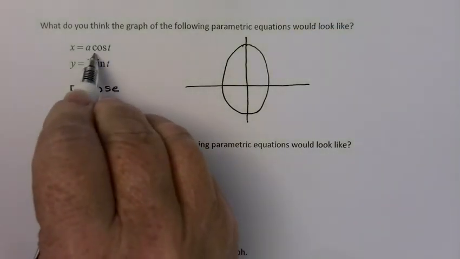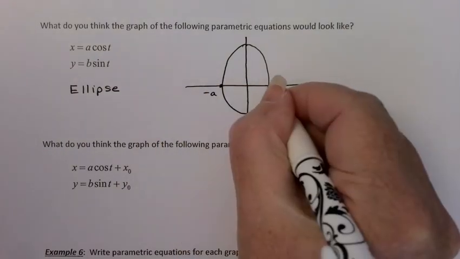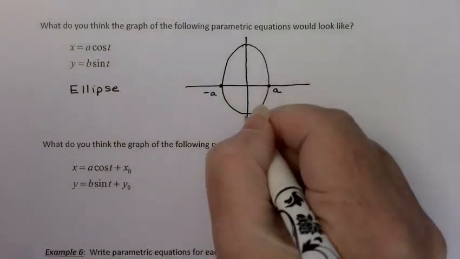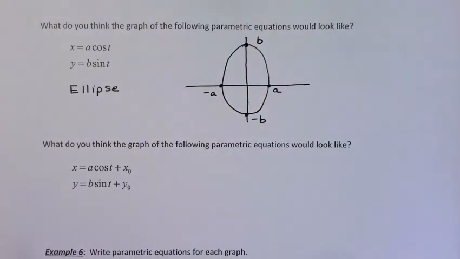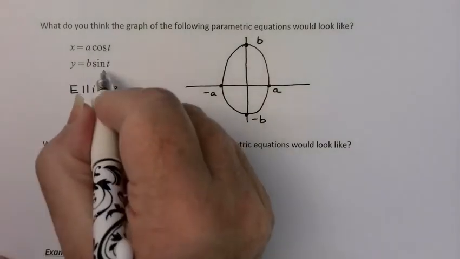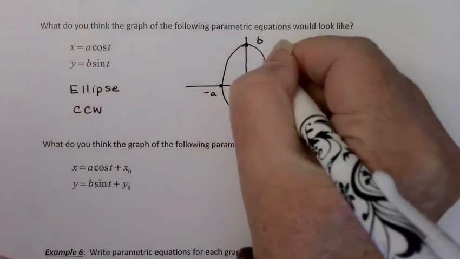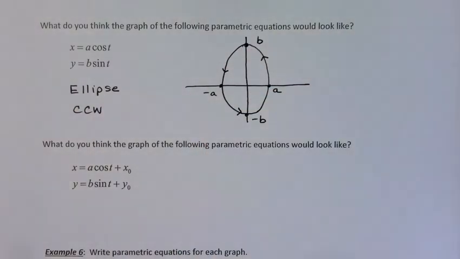Since x is the cosine term, this is going to go from minus a to a on the x-axis. And since y is the sine term, we're going to go from minus b to b on the y-axis. Because I have cosine for x and sine for y, this is going to go around counterclockwise. We could change the direction just like we did for circles. We could change the direction for ellipses.